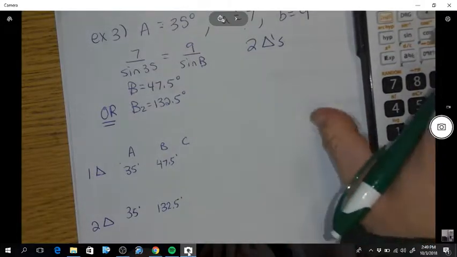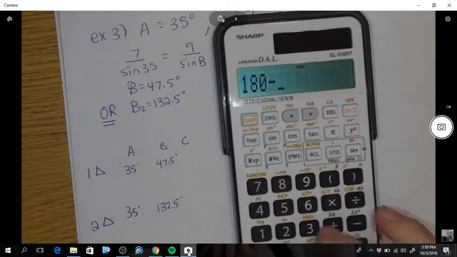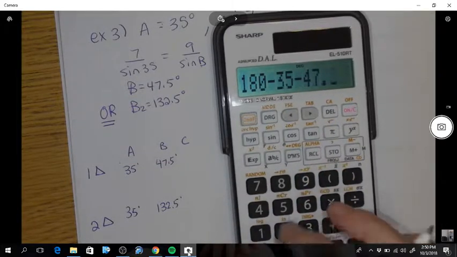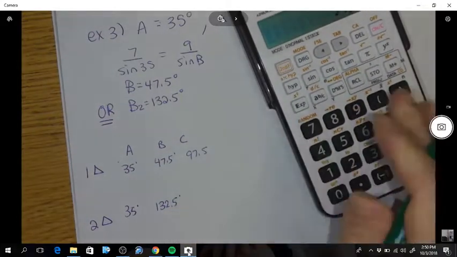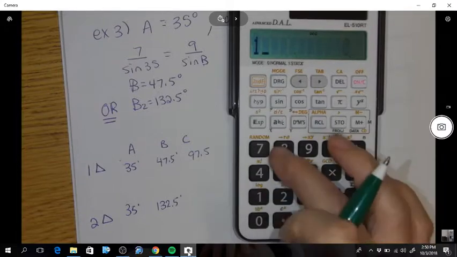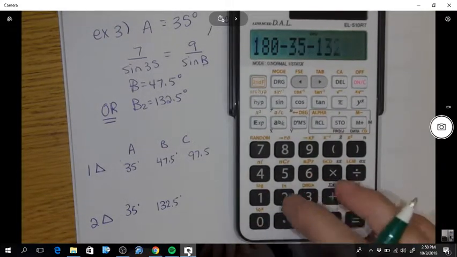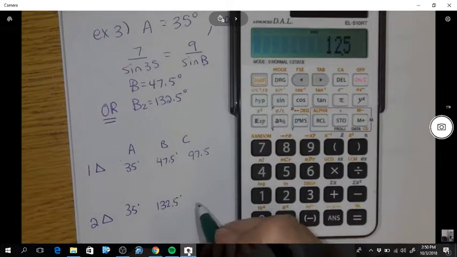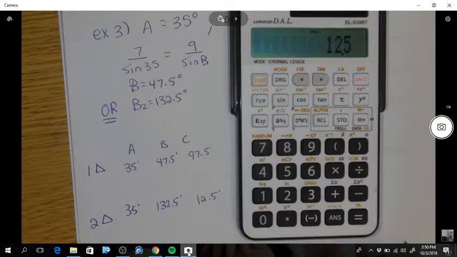So angle C in this triangle would be 180 minus 35 minus 47.5 equals 97.5. And then triangle 2, 180 minus 35 minus 132.5, 12.5.